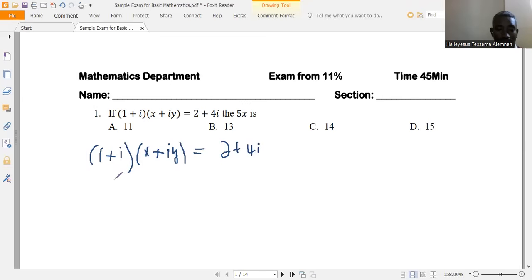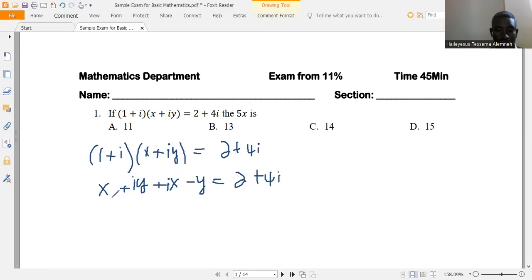So 1 times x is x, 1 times iy is iy, and i times x is xi, plus i times iy is i squared y, which is minus y, which is equal to 2 + 4i.